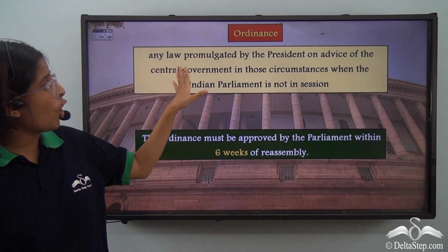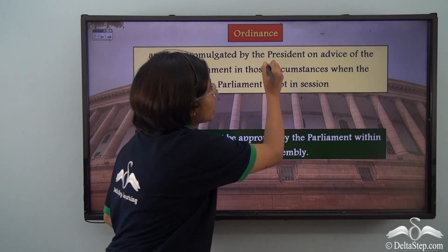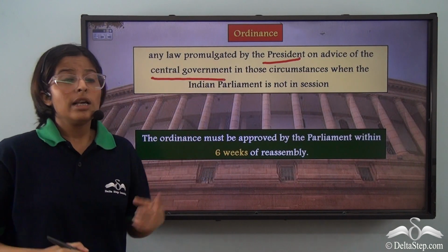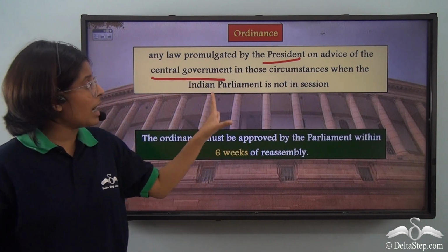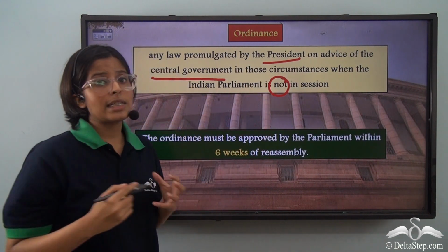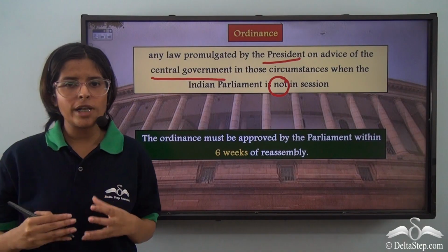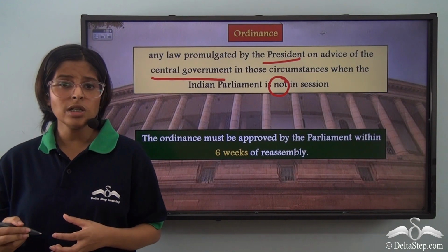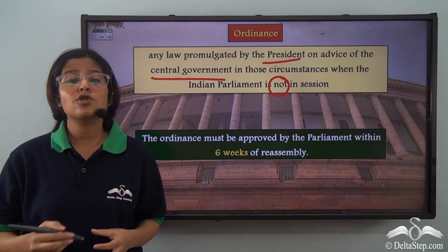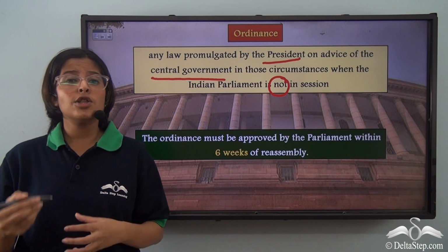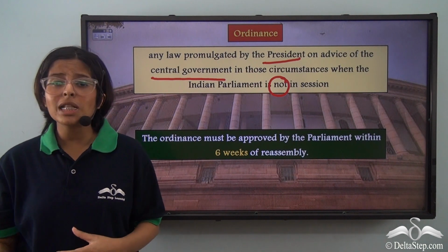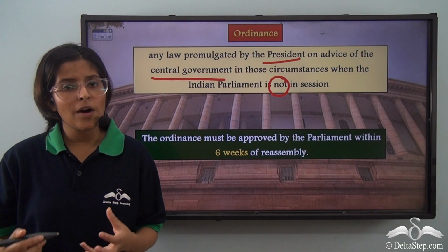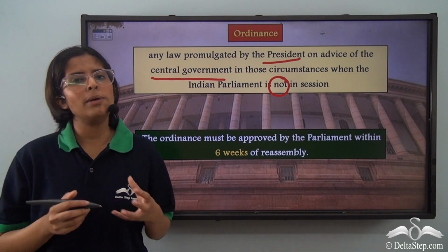So, any law promulgated by the president on advice of the central government in those circumstances when the parliament is not in session is called an ordinance. During these times when the parliament is not in session, the cabinet ministers such as the Union Finance Minister, the Minister of Home Affairs, the Defense Minister, the Minister of External Affairs, all of these people can advise the president to approve a bill.